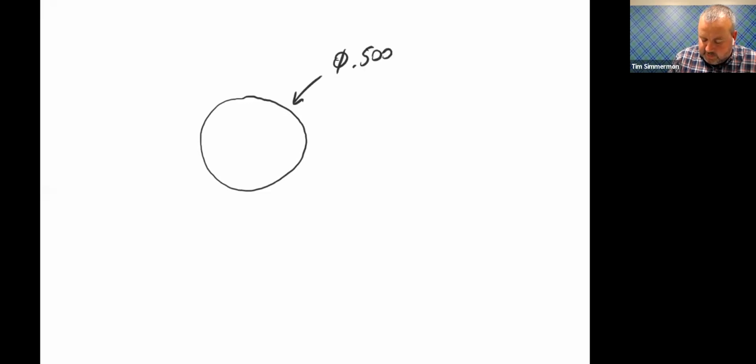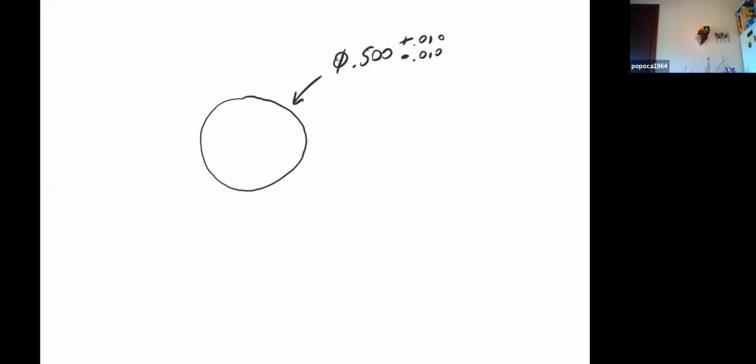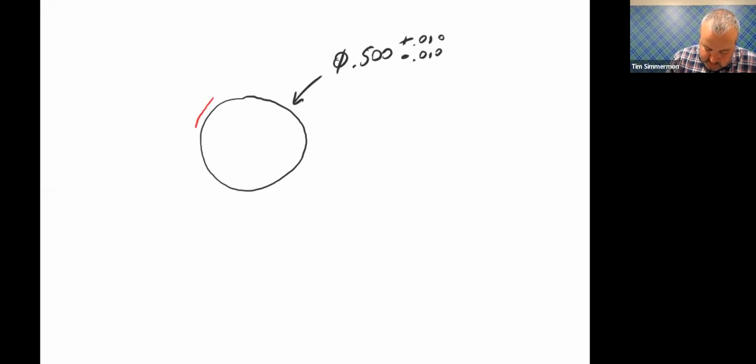So let's say that we have a diameter, and we call out that diameter to be, we'll stick with some of the same sizes, 0.500 plus 0.010 minus 0.010. So based on those tolerances, we have an outer limit of size.